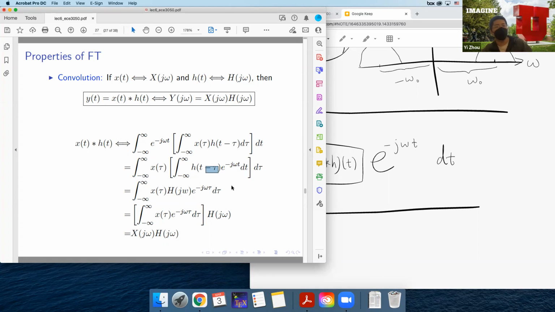So by the time shifting property of Fourier transform, the Fourier transform of such a time shifted signal is given by taking the original spectrum of this H and multiplying it by this phase change factor. And so this part is exactly the time shifting property of Fourier transform.